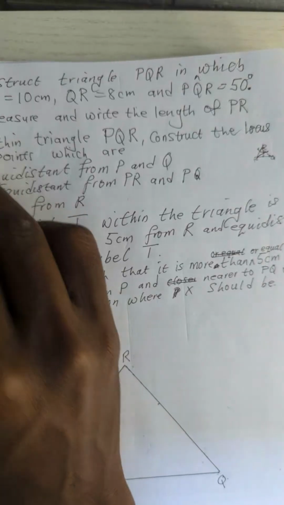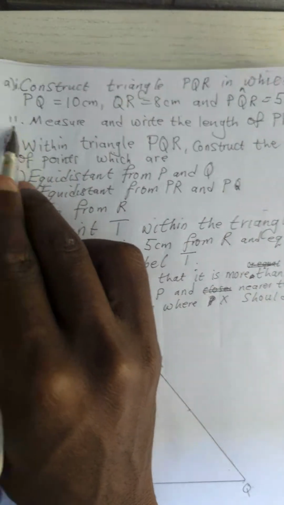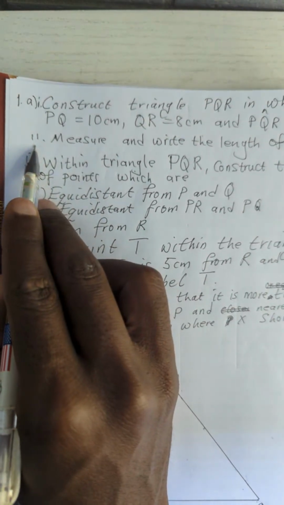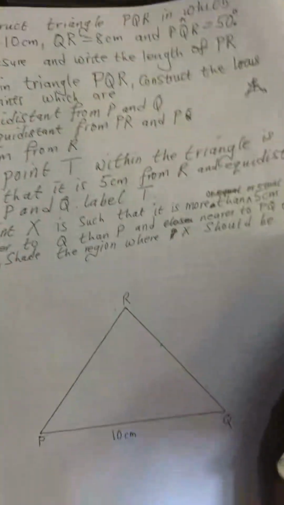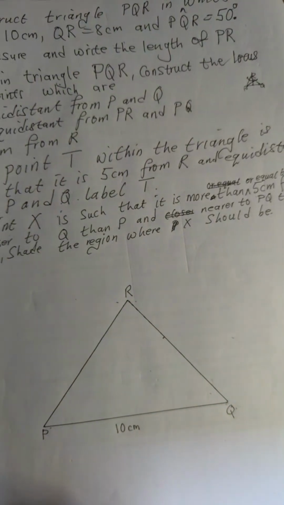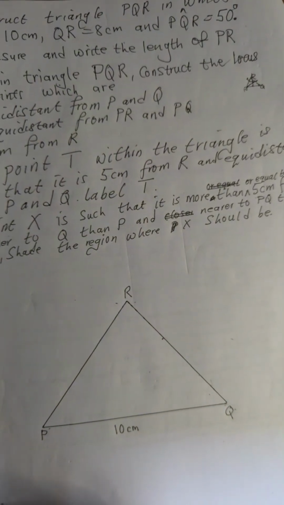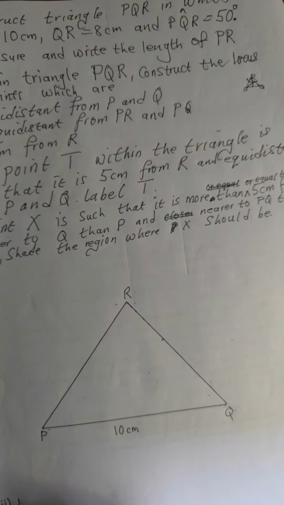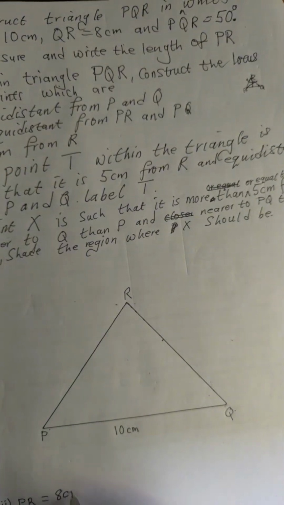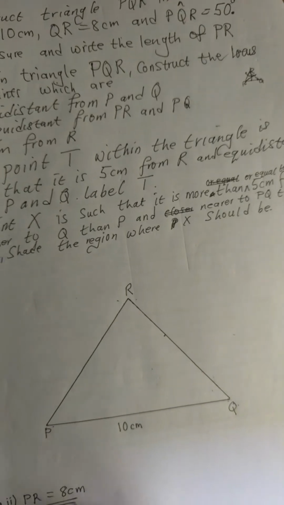It's question A2, right? A2 is the one that is asking us to measure and write the length. So we're going to say A2. We write PR is equal to 8 centimeters.